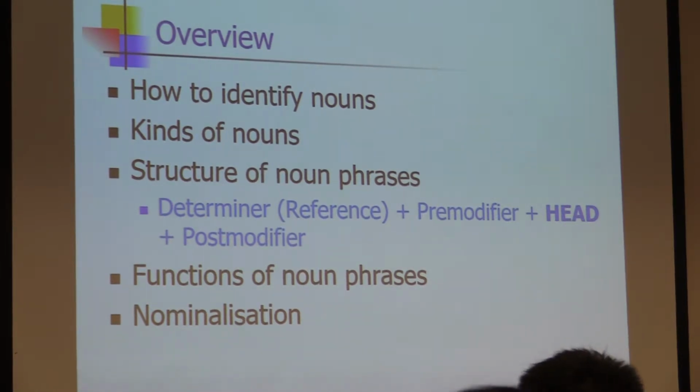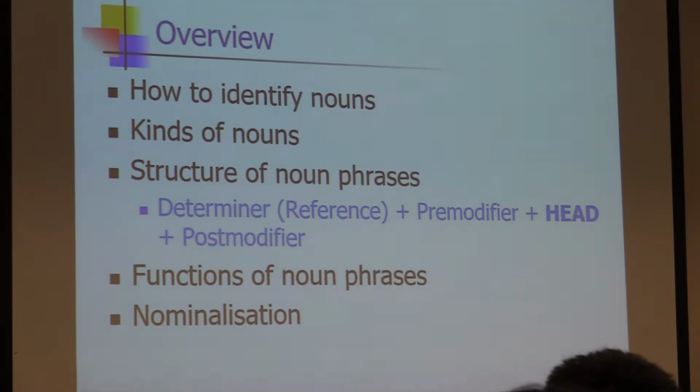The definite reference means we know who the person is or what the thing is, identifiable. And indefinite reference refers to something you don't know yet, new information, because it is first mentioned.